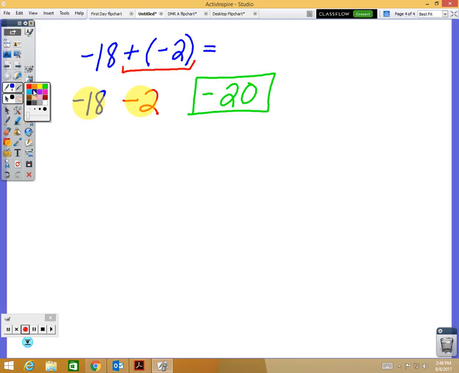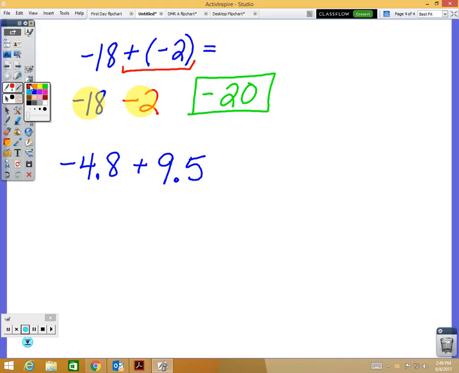These rules work the same if you have decimals. Don't let the decimals throw you off. Do they have the same sign or different signs? Different. So for different, do you add or subtract? Subtract.